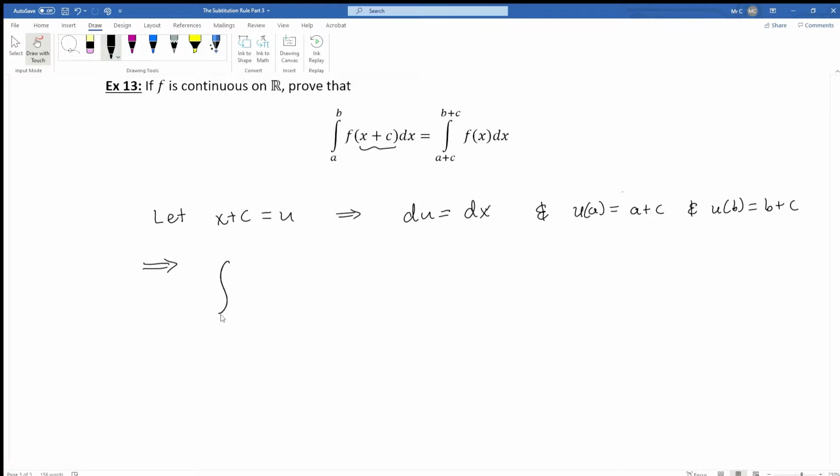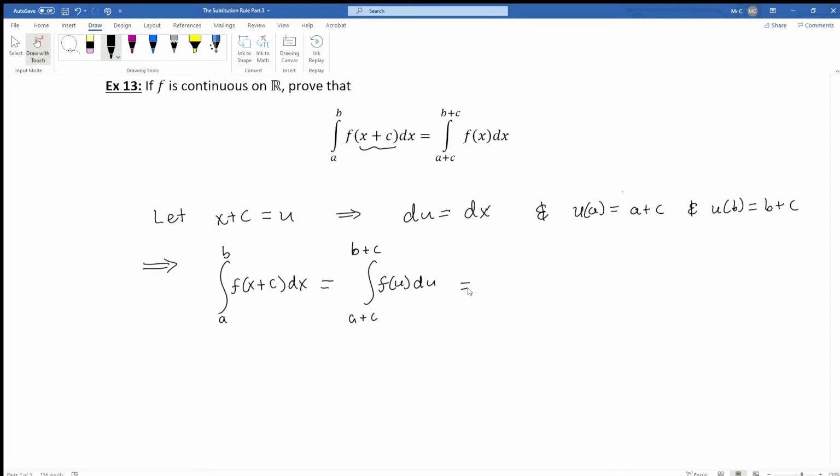So this implies that the integral from a to b of f of x plus c dx is the same as the integral from a plus c to b plus c of f of u du.